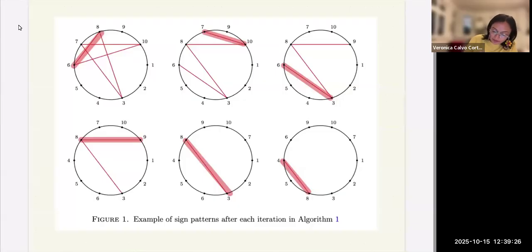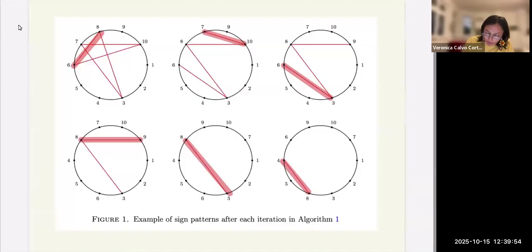Okay, and so we apply the algorithm and we obtain this sign pattern here, in which we have swapped 7 and 8. Now the next shortest negative chord here is this one. And again, we apply the algorithm, we swap 9 and 10. And now we obtain that this is the shortest.